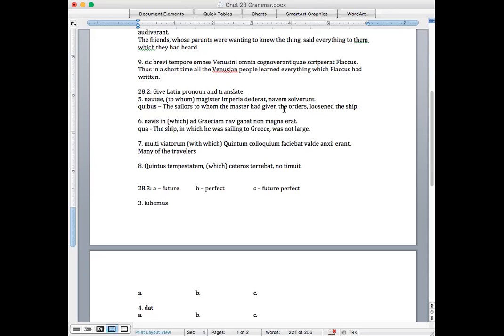I feel like that should say with whom, but that's okay. So many of the travelers, what's the gender of travelers going to be? It's probably going to be masculine because it's second declension. And then is it singular or plural? It's plural. And with is going to tell us that it's going to be ablative. So we're going to put this again. So many of the travelers, I put with whom.